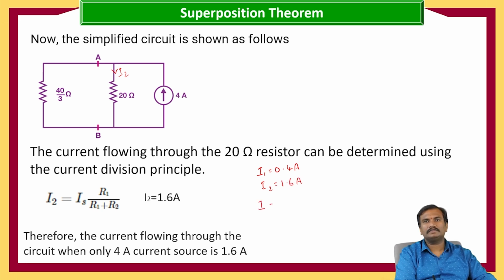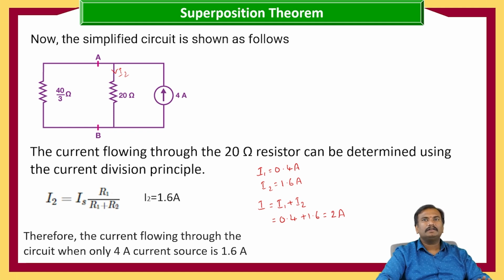Hence the total current flowing through the 20 ohm resistance is the sum of currents with individual sources acting alone, that is 0.4 plus 1.6, which is equals to 2 amperes. This is the way we are going to calculate the current flowing through any element in the circuit with more than one source.